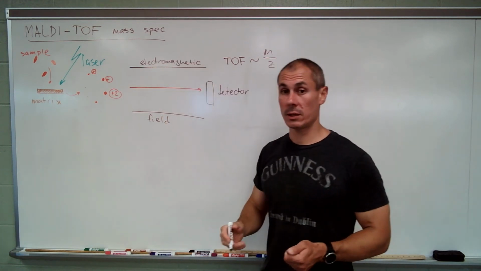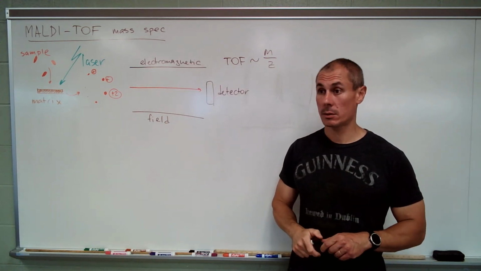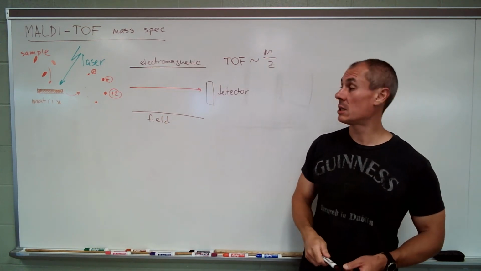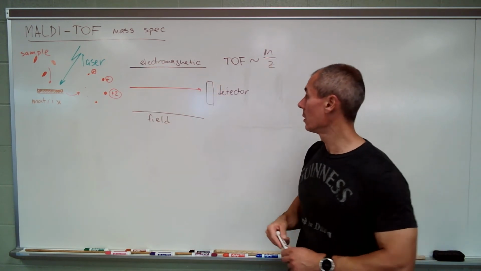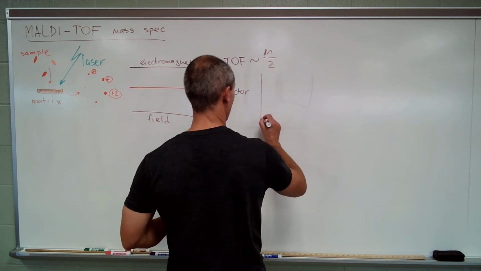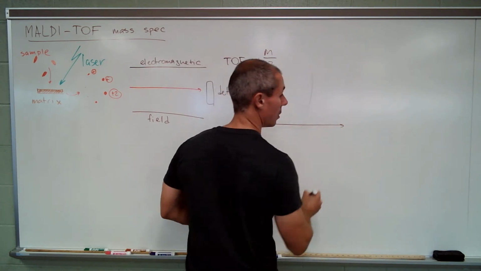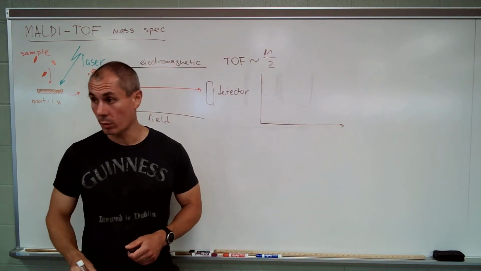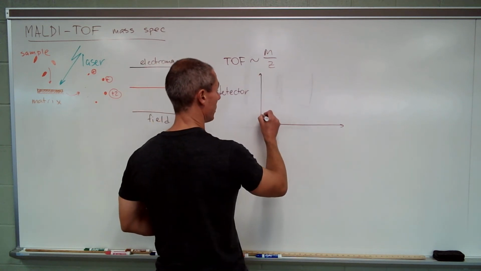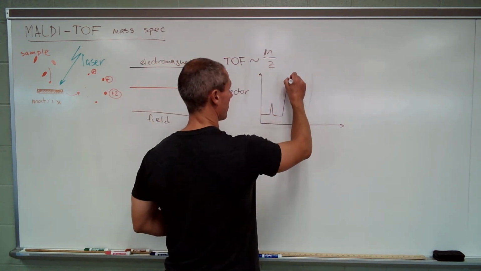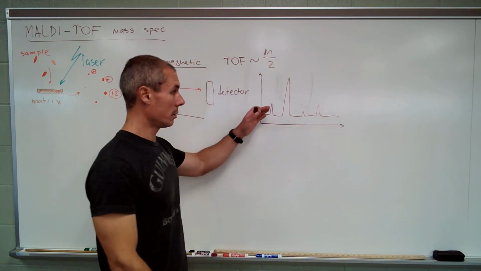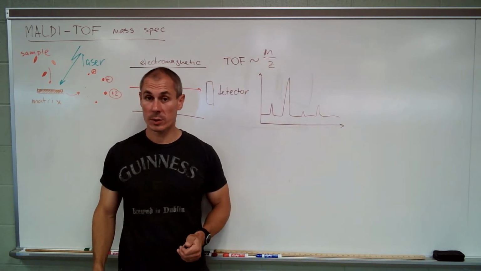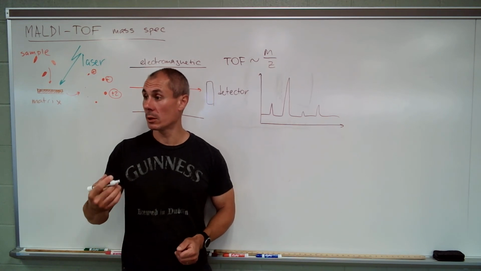And what this detector is capable of doing, it's going to detect all those particles. Does that make sense? And you're going to see on the screen of the computer monitor a graph that looks like this. Well, more or less, where each peak corresponds to a particular particle.